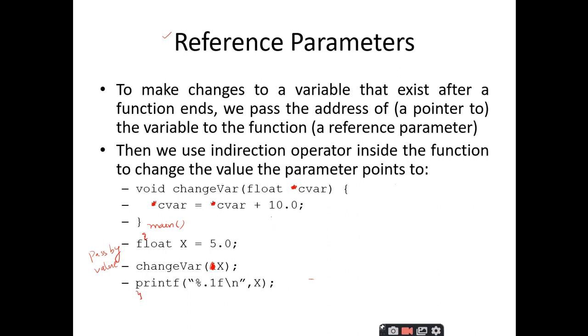Let us see whether this effect can be achieved with pass by value. So I start my execution with the main function. So float x, again assume that at base address 100 x is allocated the memory and 5.0 is the value that is stored here. Now what is this statement?